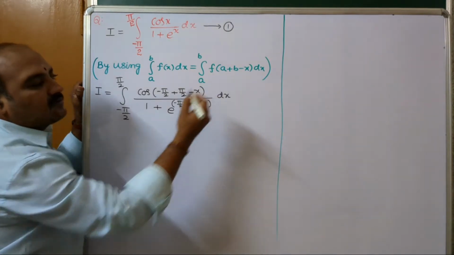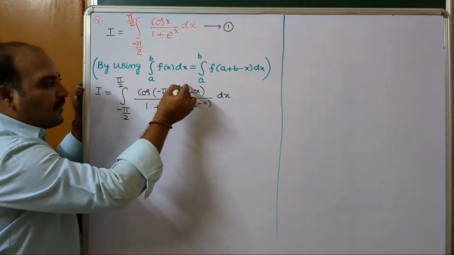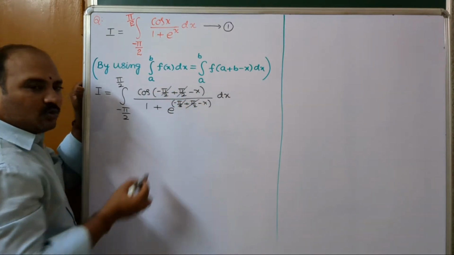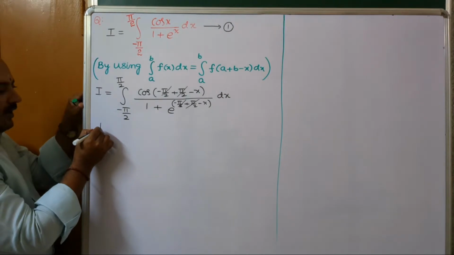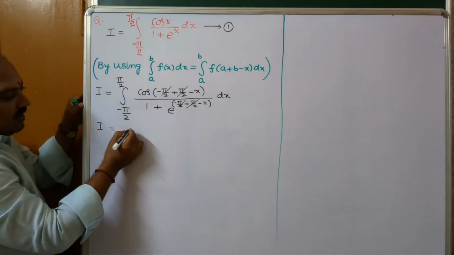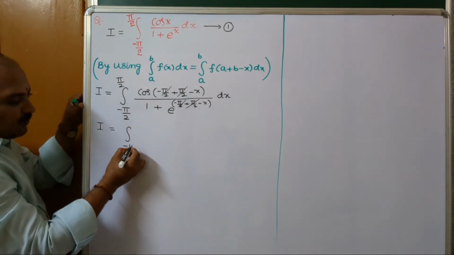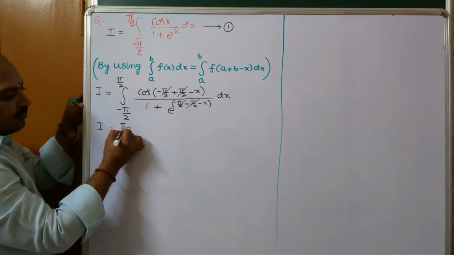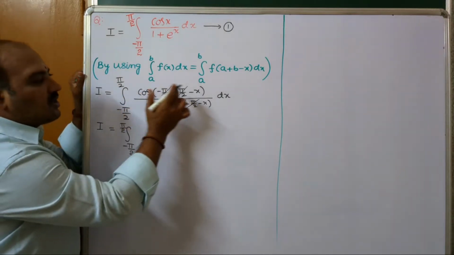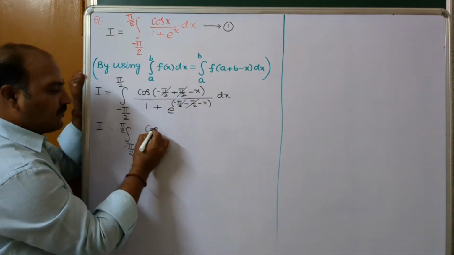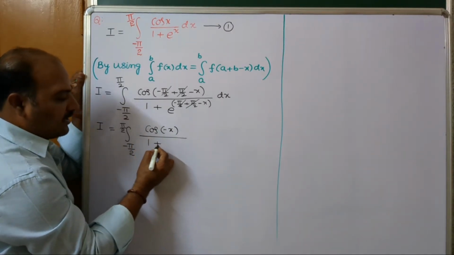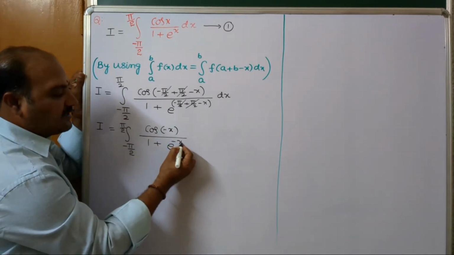So plus pi by 2 and minus pi by 2 get cancelled, even here also, the same thing. So I equal to integral minus pi by 2 to plus pi by 2 cos of minus x divided by 1 plus e power minus x into dx.